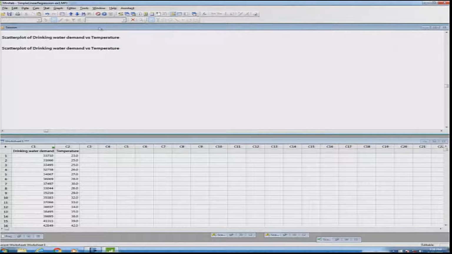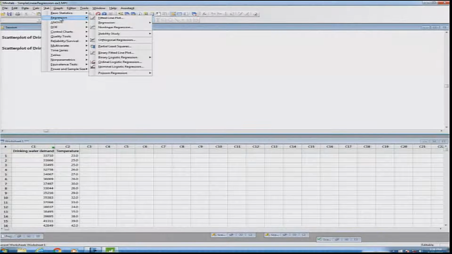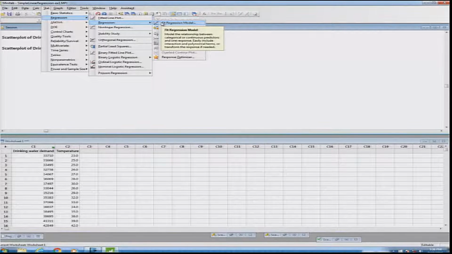Right, okay. So now after this we go for the regression analysis. In Minitab there is a built-in function for this regression analysis, and we go for regression and fit a regression model. Okay.